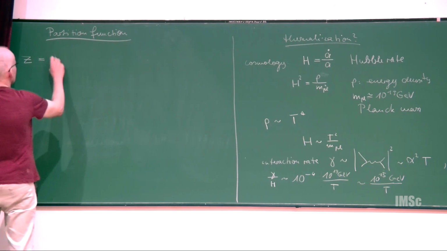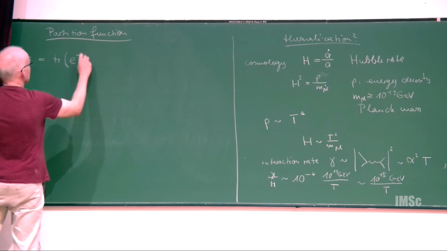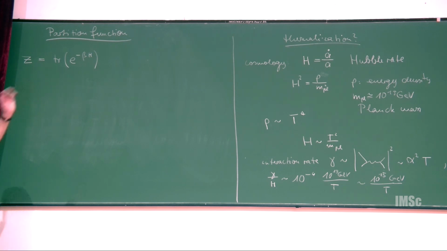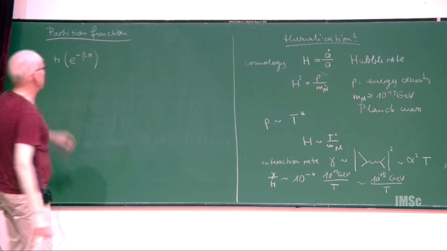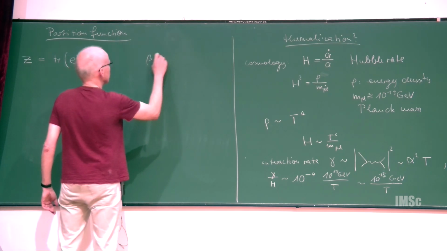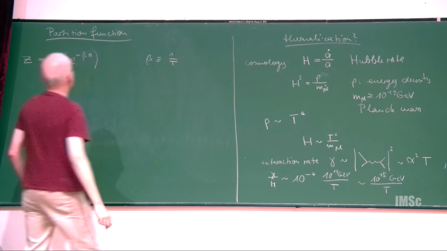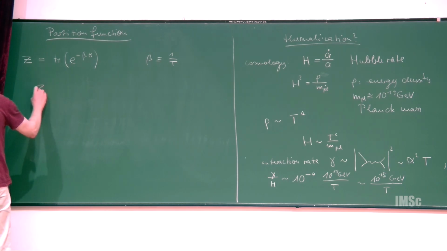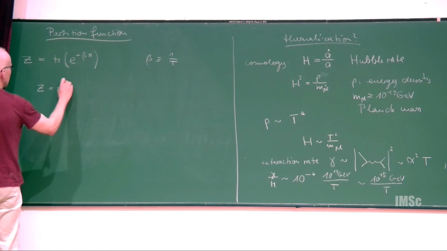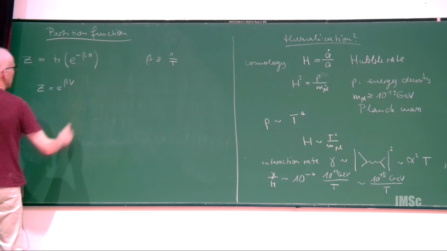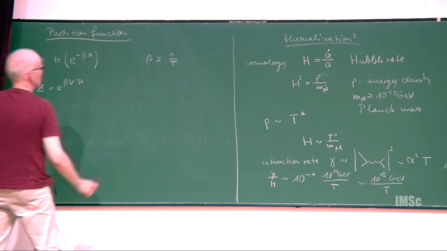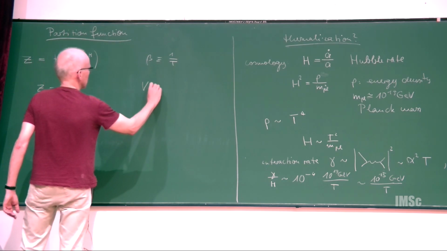It's the trace of e to the minus beta H. H is not the Hubble rate now, it's the Hamiltonian of our system, and beta is the inverse temperature. So the pressure can be obtained from the partition function like this. So Z is equal to e to the plus beta times V times the pressure. So V is the volume.